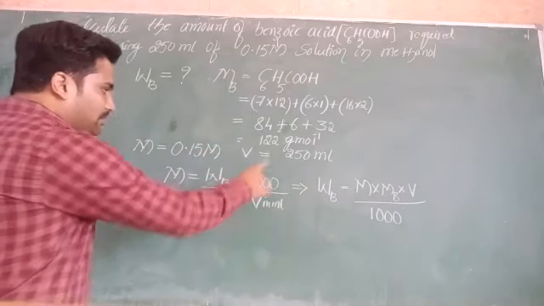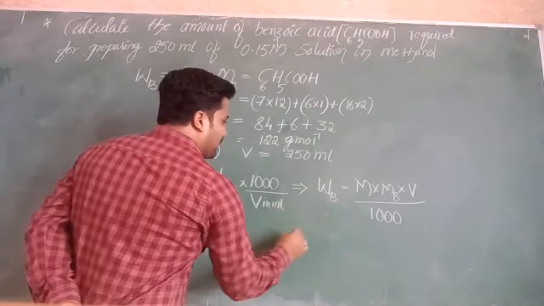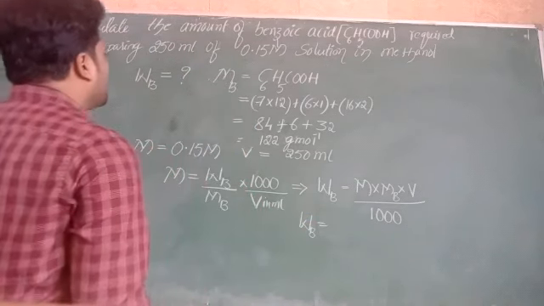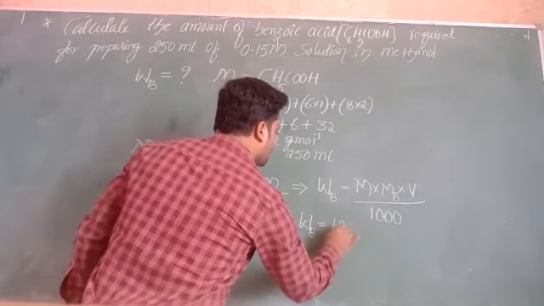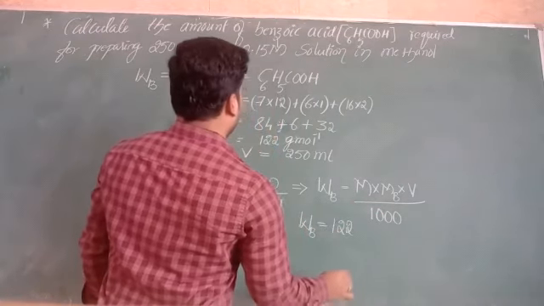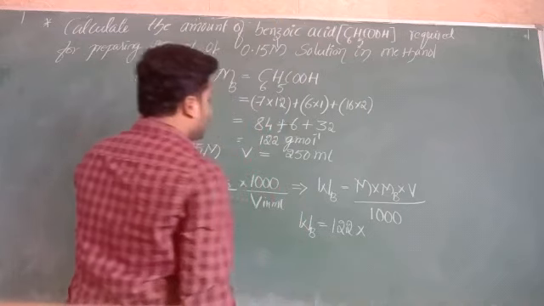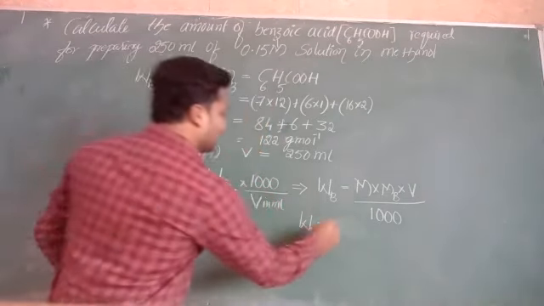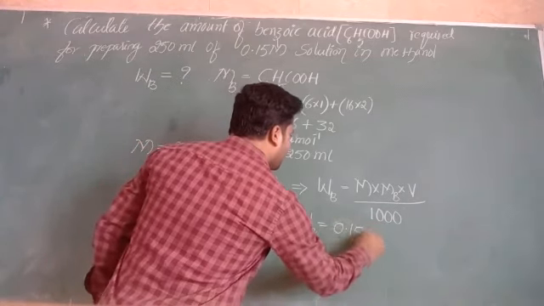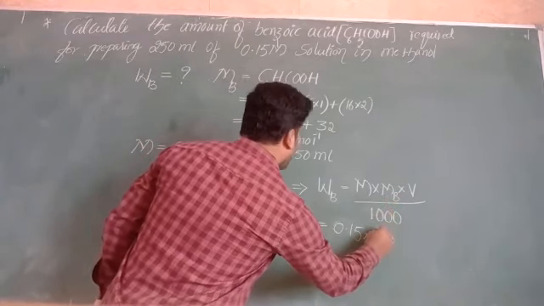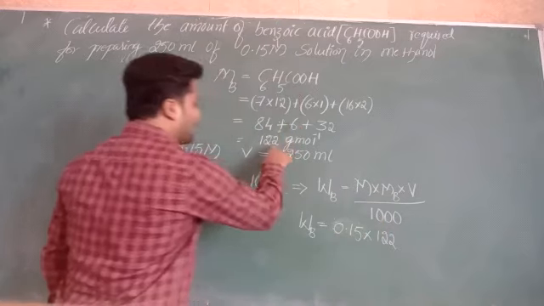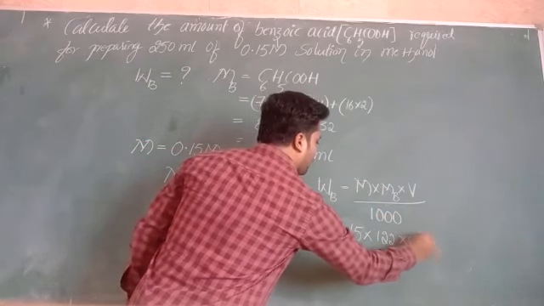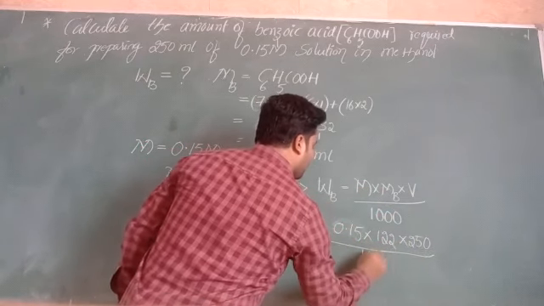Now let's substitute. Molarity is 0.15 and molar mass is 122 gram per mole, into volume 250 divided by 1000.